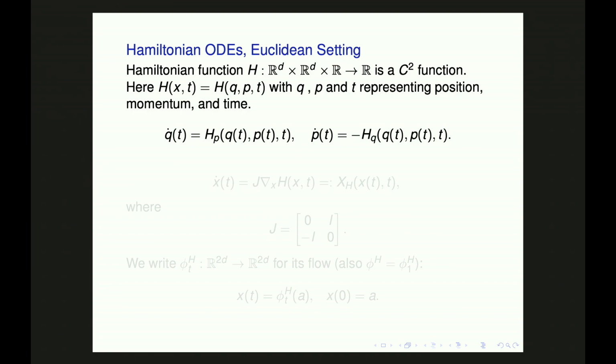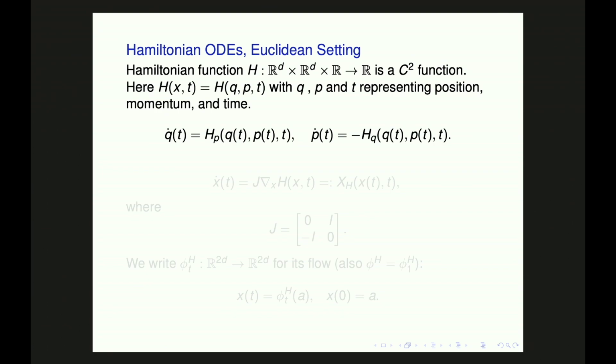So this q represents positions of, in celestial mechanics, planets, stars, in statistical mechanics, particles. And p represents all the momenta. And the ODE is, and you may assume that the energy depends on time, the ODE is given by this equation.